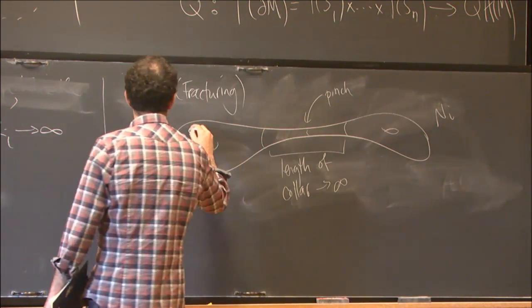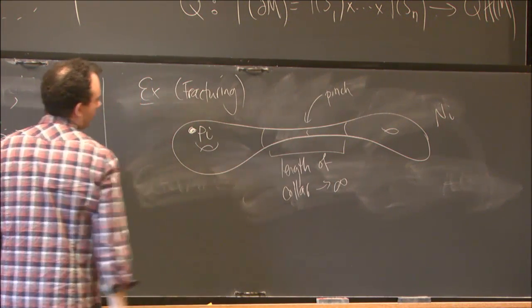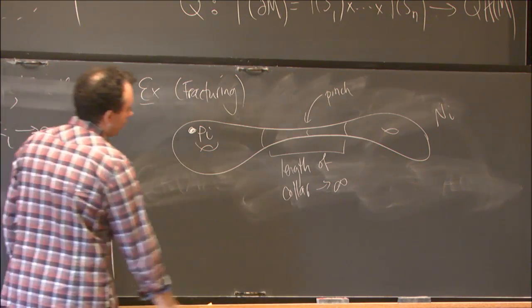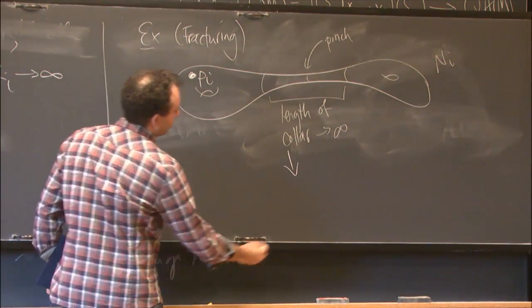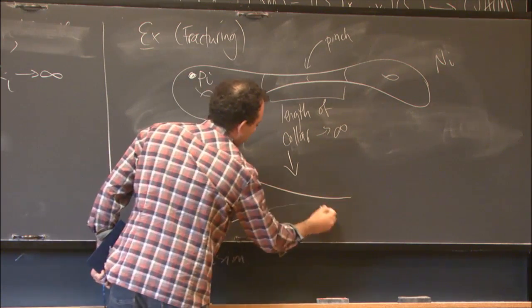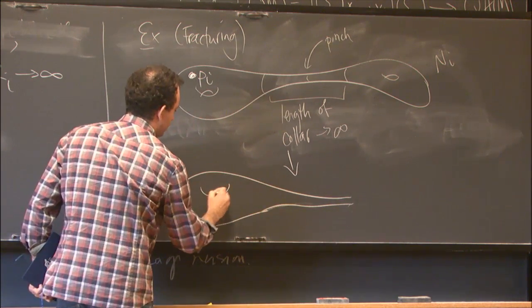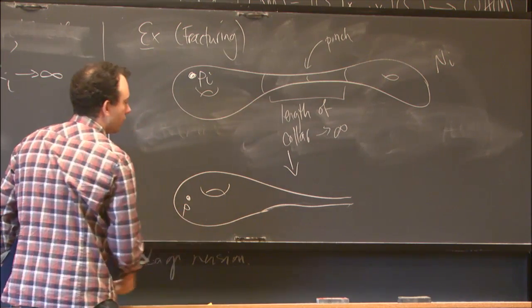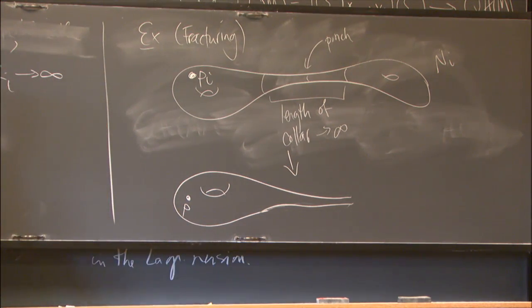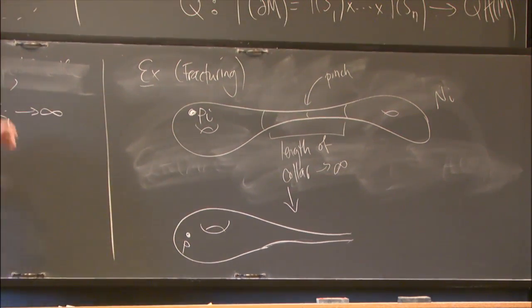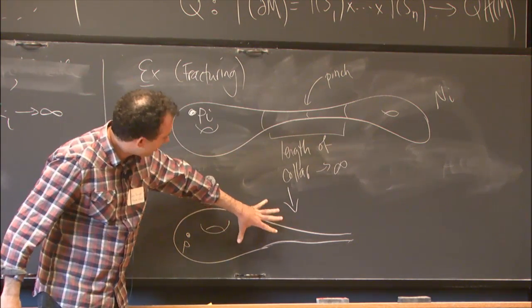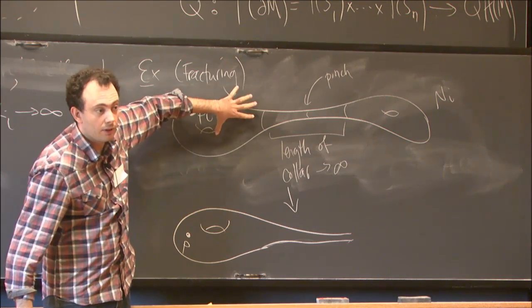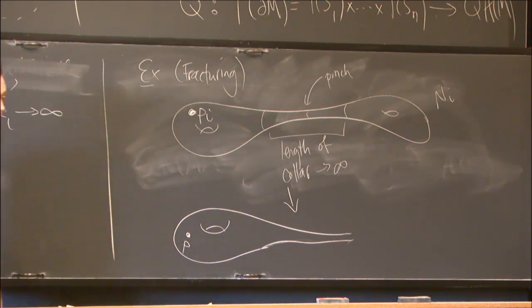If I take my base point Pi to be over here somewhere, then what happens? Well, in the limit, you recover a surface with a cusp. Because if I take a large ball around the base point here, then you see almost isometrically that same large ball in the approximating surfaces.